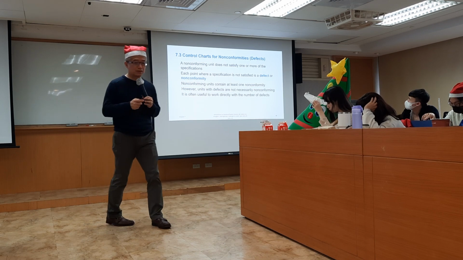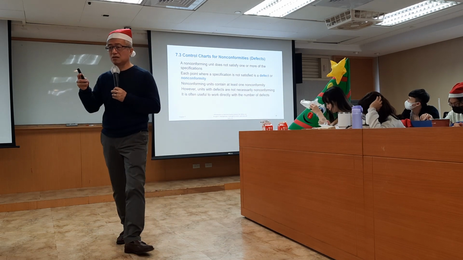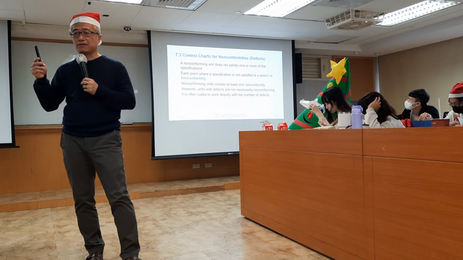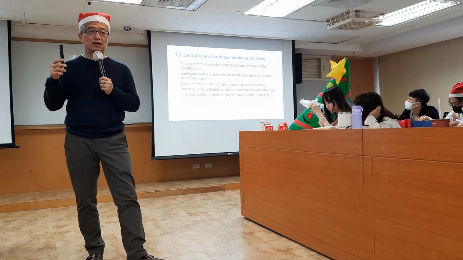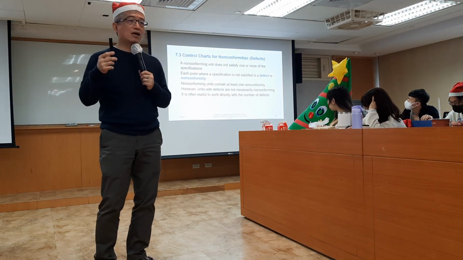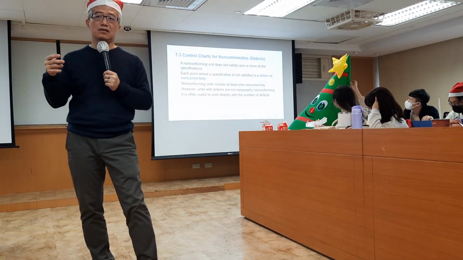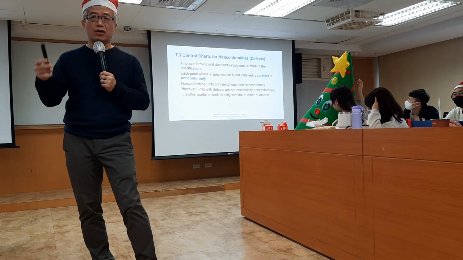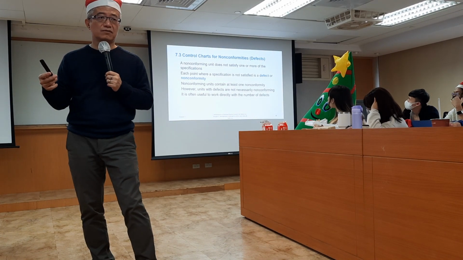So that is totally different. This is the difference between the defective item and the defects. So if the product is defective, it must contain one or more defects. However, a defect is not necessarily enough to cause the product to be defective.